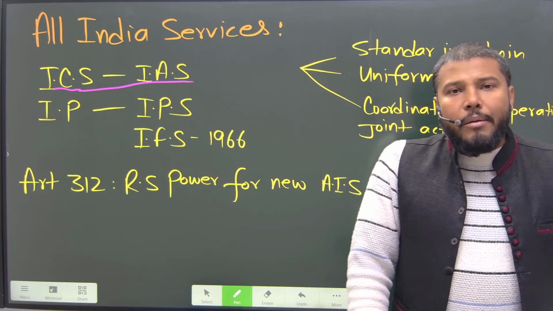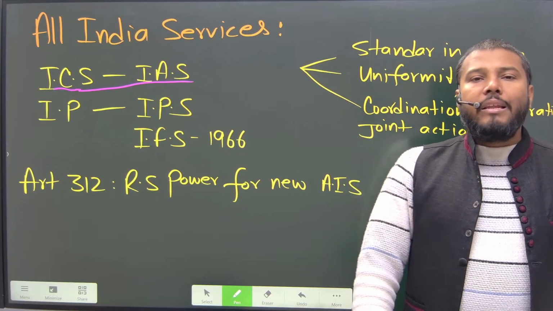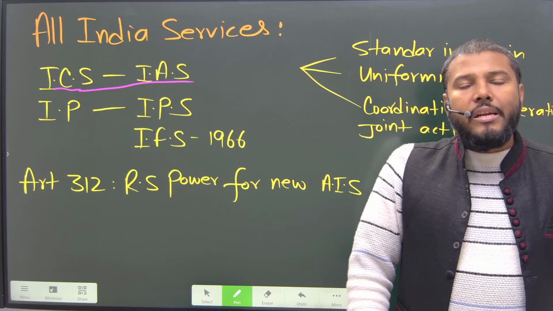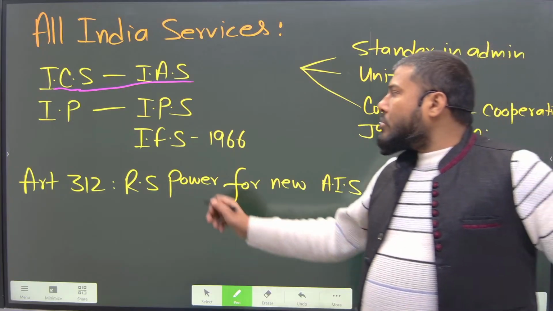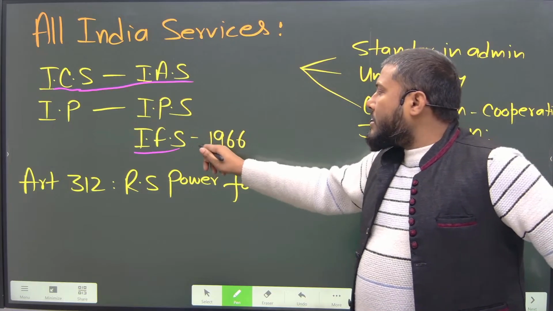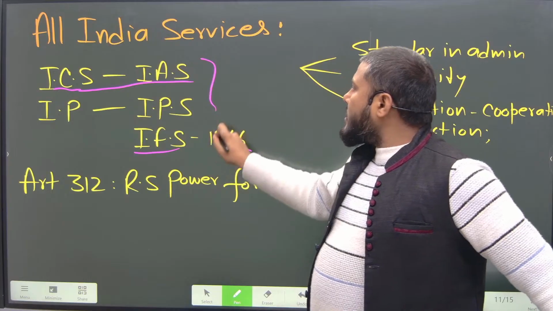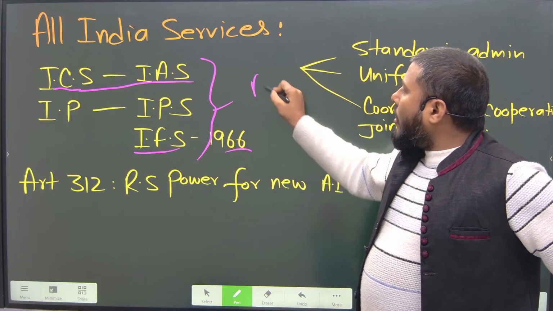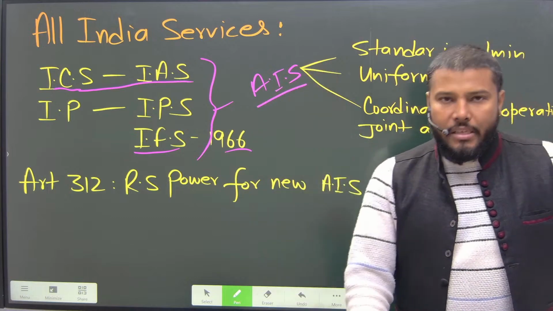And Indian Police was renamed as Indian Police Services. And in 1966, we created a new All India Service, that is the Indian Forest Services. You see IFS. So IAS, IPS and IFS. IFS was created in 1966. These 3 services combinedly are called the All India Services. Is it clear? ये All India Services है.